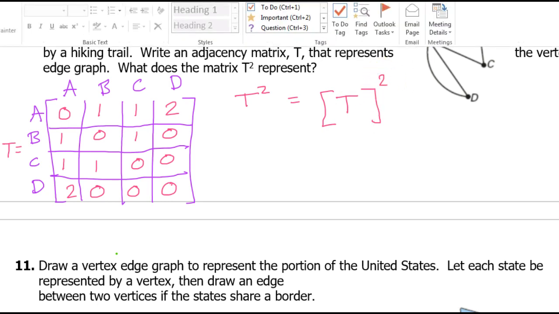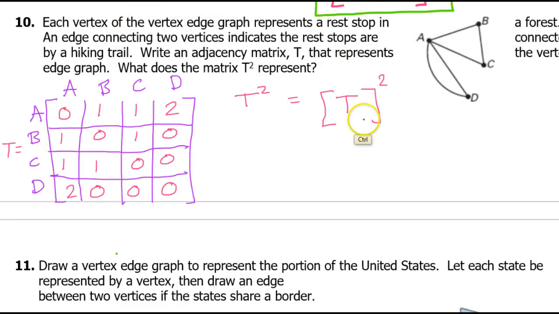Here's what you need to understand about the wording of this question. The numbers inside the matrix that's being squared boil down to the number of ways you can do whatever they're talking about. The exponent, if you're squaring it or cubing it or whatever, tells you how many edges you're using.